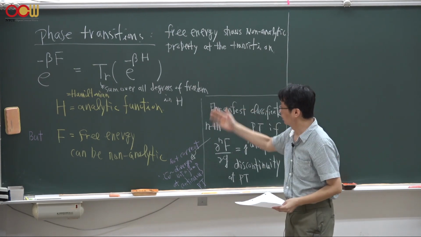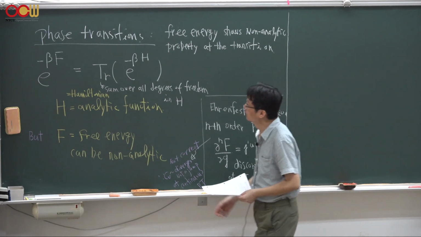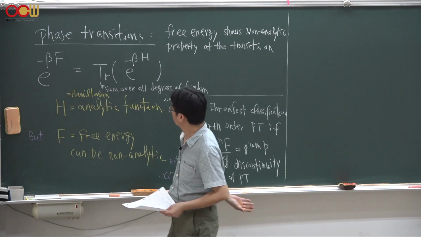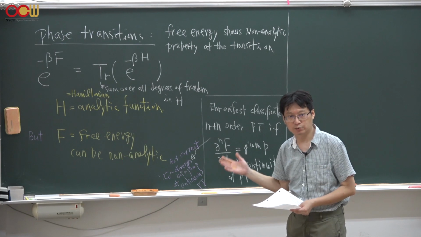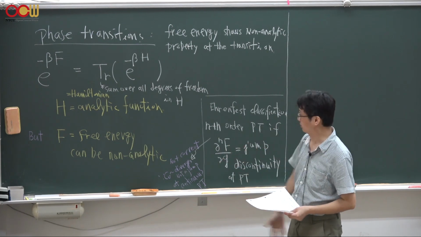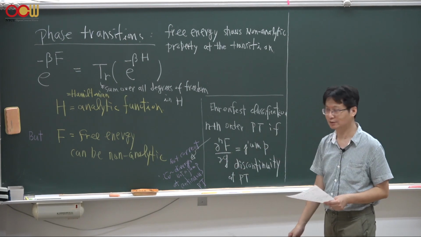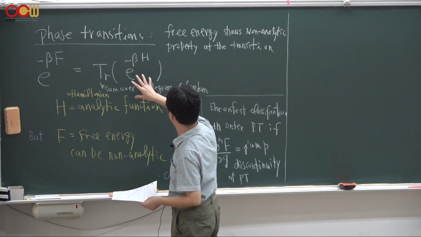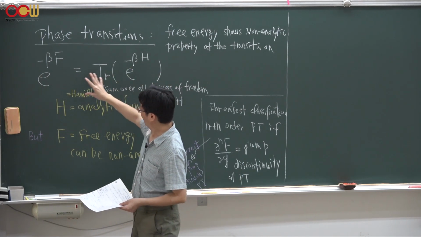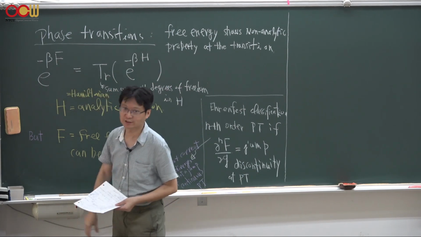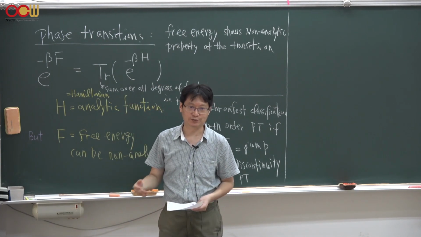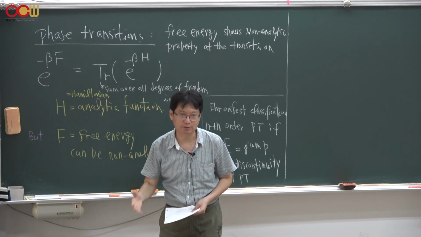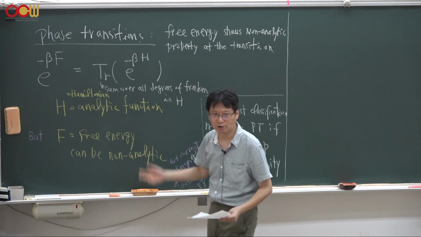This very important relation between the Hamiltonian and the free energy in the partition function tells us something very deep about this phase transition. Sum over this analytic function, and you define this as a free energy, and the free energy shows non-analytic properties at the transition. So how come?